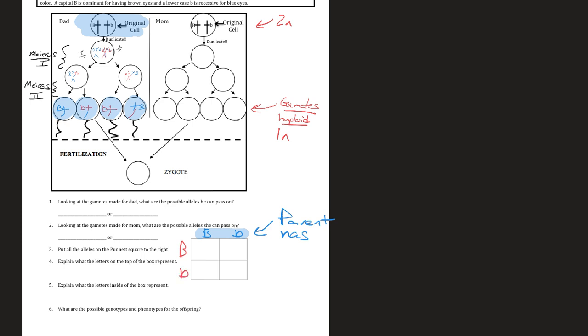And again, she is only going to give what she has. If she was little b, then this would be little b. So on the axes up here, the y and the x, these are what the parents have. So they could give one of the chromosomes as a big B to the gamete, right?